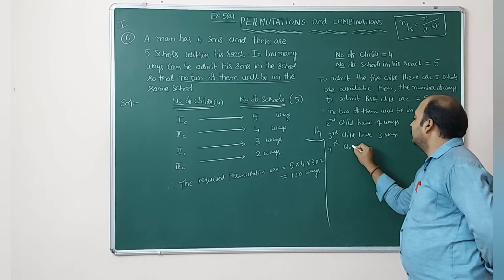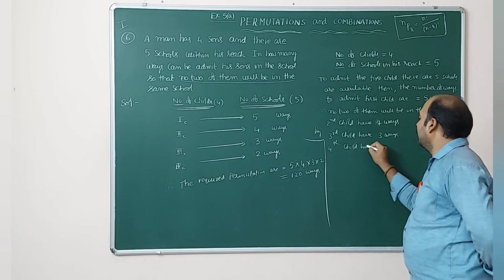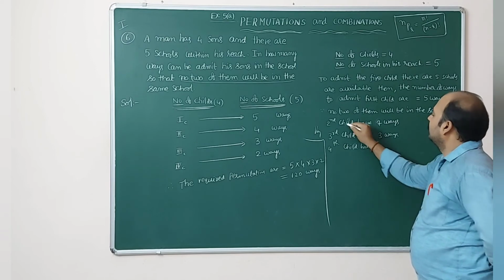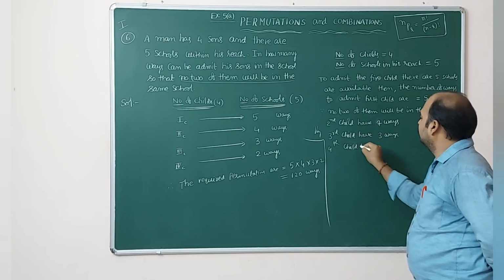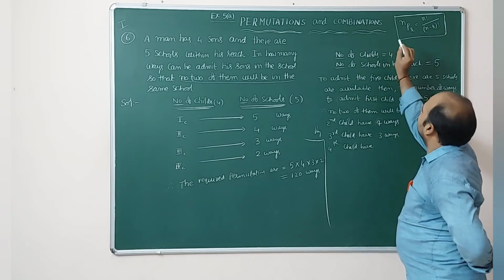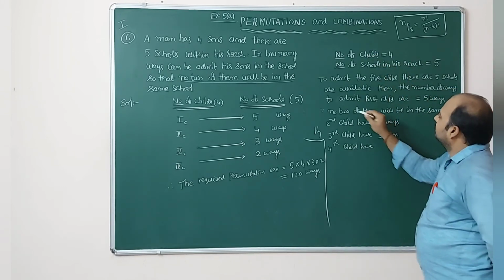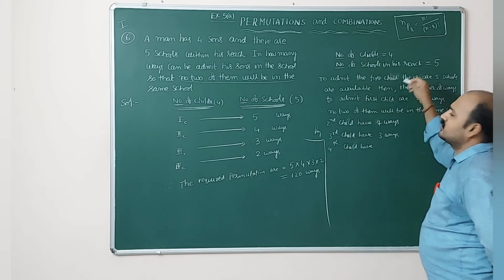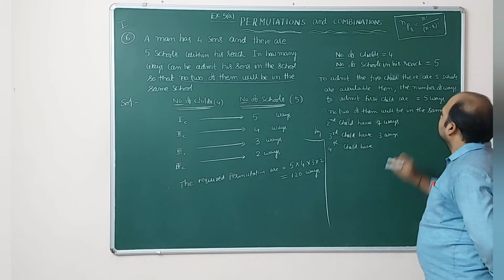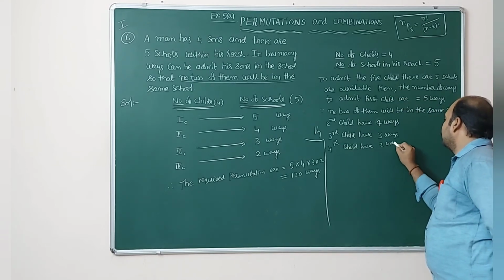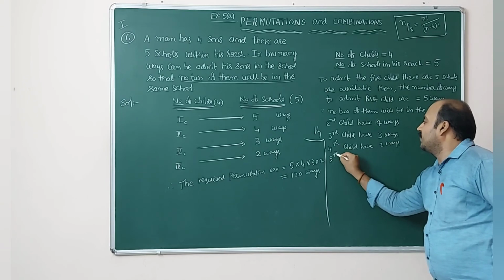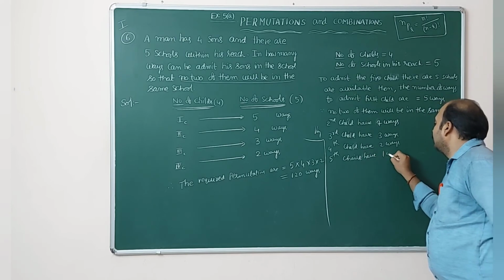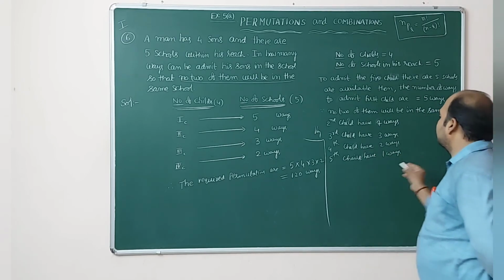Fourth child has 2 ways. And the last, 5th child, has 1 way. So the total number of ways.